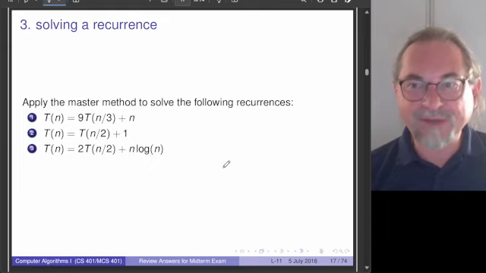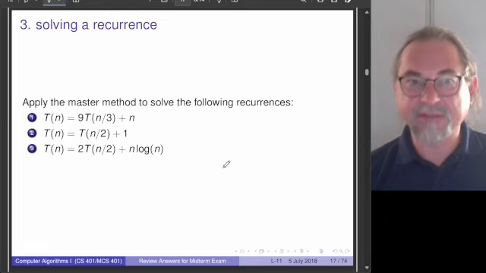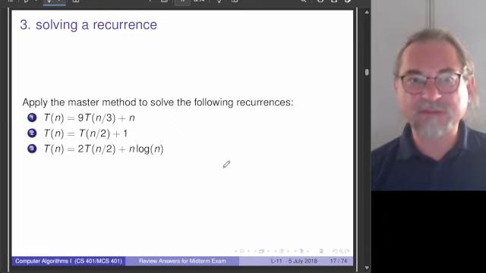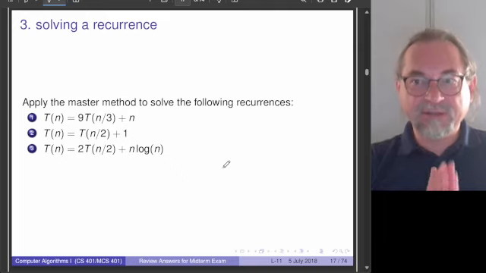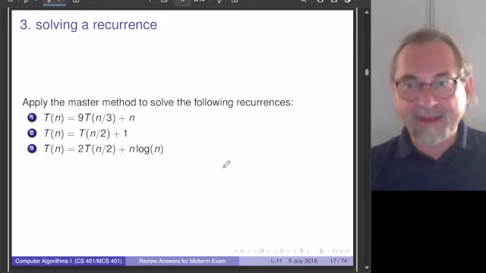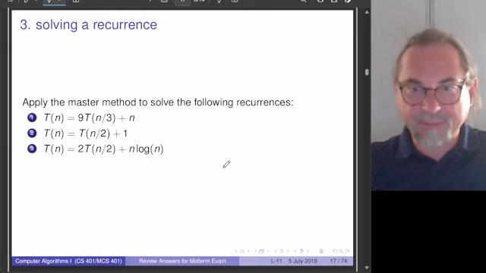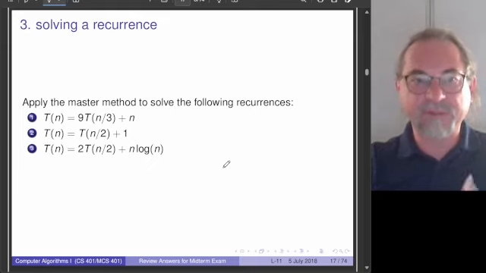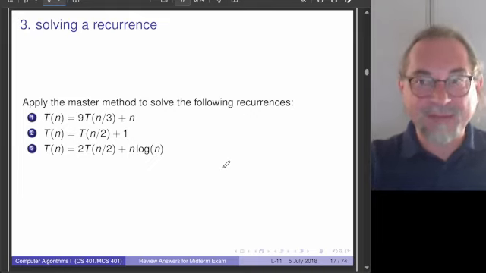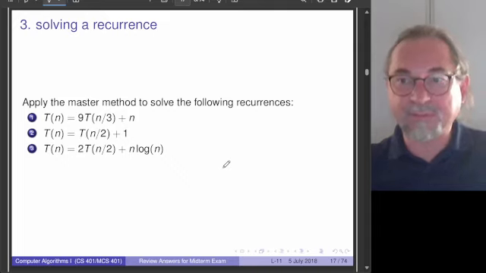So when we apply the master method, we have 3 things to consider, and this is typically done in a divide and conquer session. We divide our problems. N is kind of the size of the problem. We cut it in half. We cut it in 3 parts. And then we have to examine a number of sub-problems.